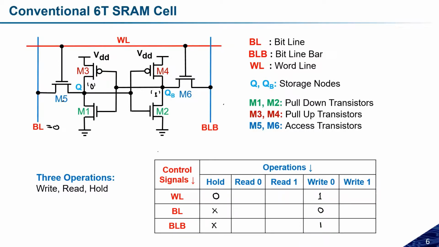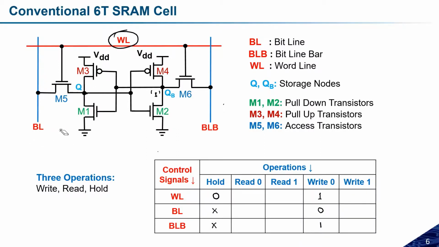It will be the same, there is no potential difference, and the logic will not change. Even if Q is equal to 0 and I perform the write 0 operation again, I activate this WL, and BL is equal to 0. So there is no potential difference between Q and the BL, so there is no charge or discharge. So the logic will remain the same as Q was 0.